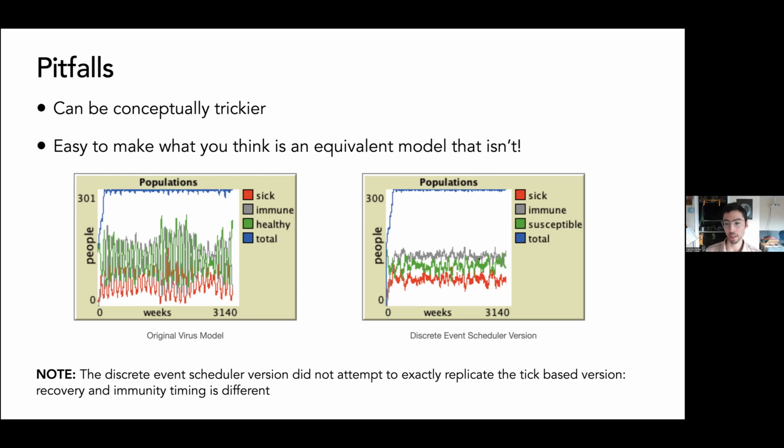In this case, I actually think this version is probably a better model because people are recovering based on an exponential distribution of recovery times, which probably is more realistic than this model. So the really sharp oscillatory behavior here probably is an artifact of the tick-based scheduling that you probably wouldn't want. So in this case, this is probably better, but I just wanted to emphasize that it's easy to make things that look equivalent that aren't actually equivalent.